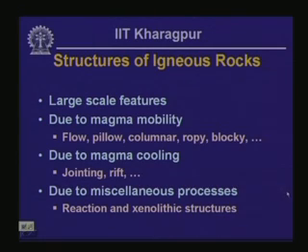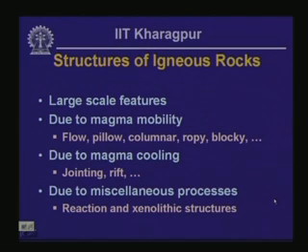And it could also be because of differential cooling of magma, as a result of which development of joints and rift structure could develop within the rock mass. Then there could be miscellaneous chemical processes.